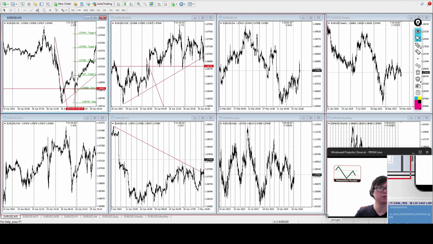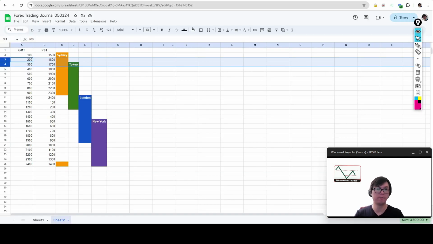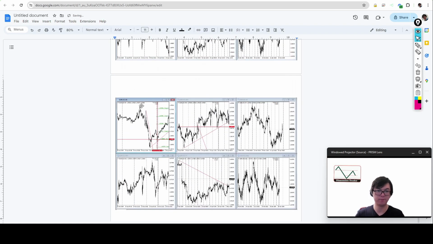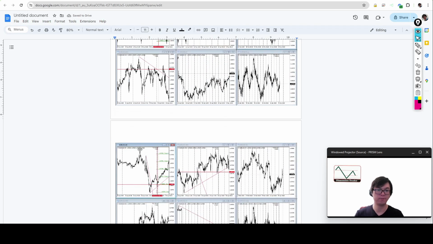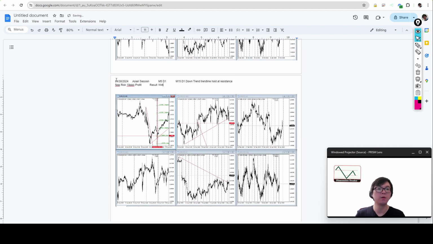Let's take a note. April 29, Asian section is going to be right at open. And M1 5 minute is going to be dimension 3, which is the bottom.